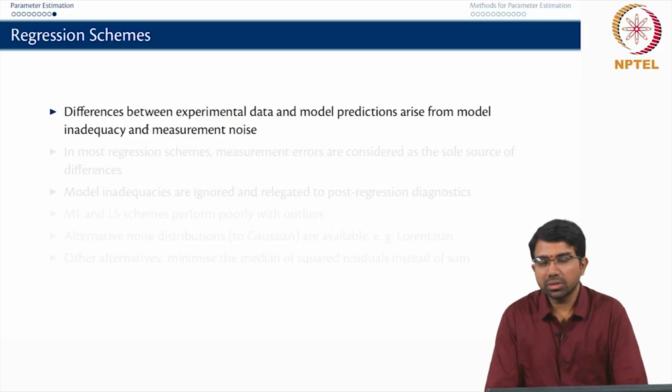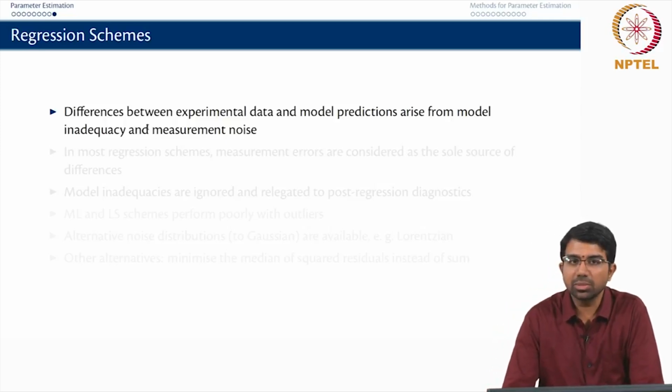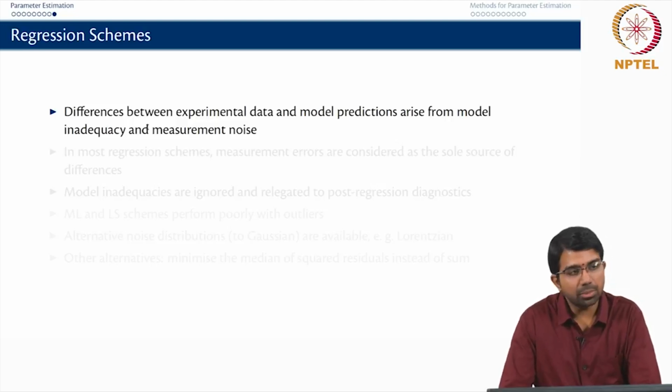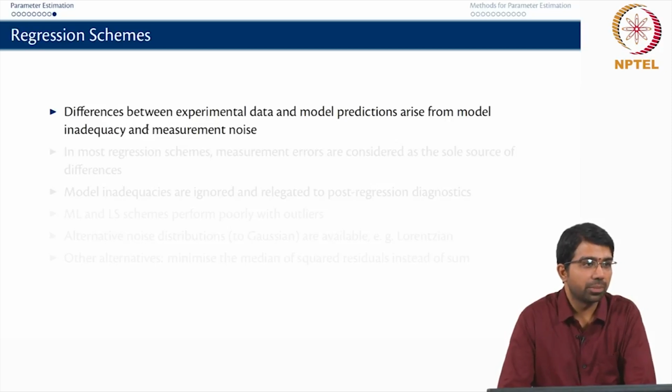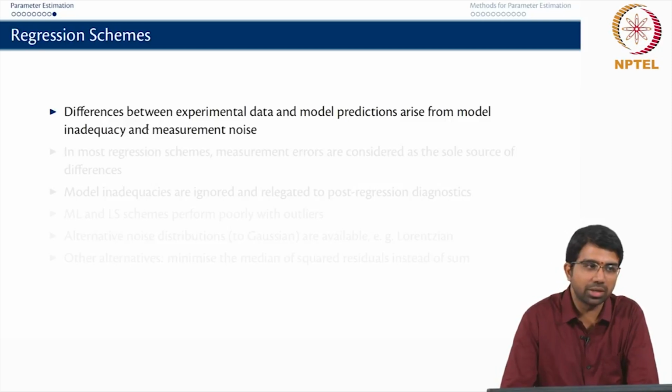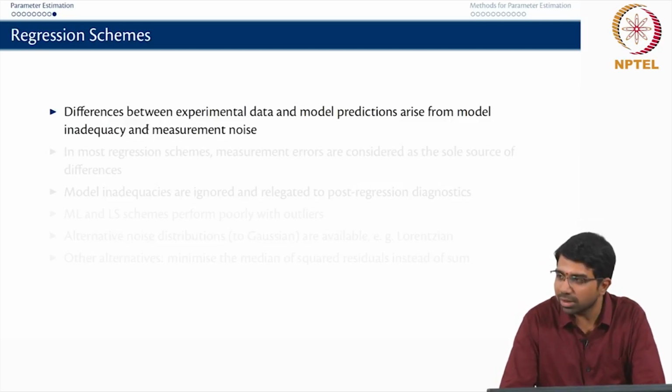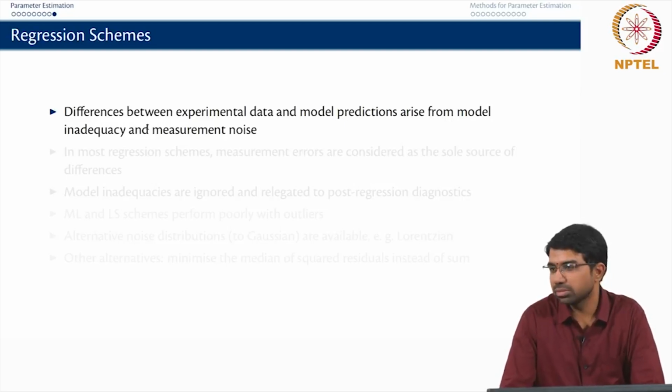One thing that we look for is we assume that most of the errors that we have in prediction stem from the measurement error itself, right. There are two potential sources. One is model inadequacy, the other one is measurement noise. We basically assume that the model is adequate, right, and we will relegate that to a little later.